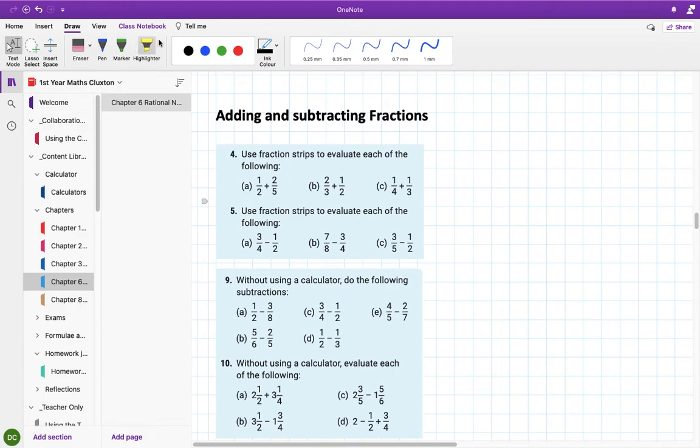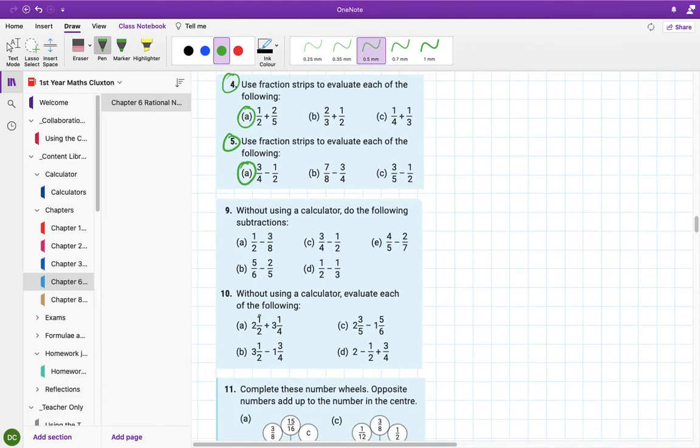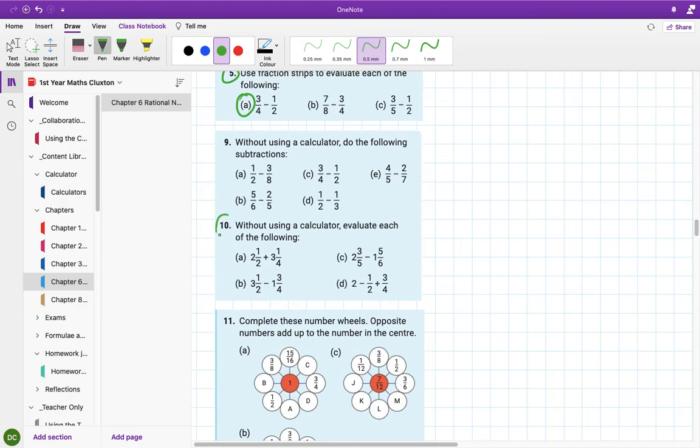Right, so let's pick a few. We'll do question 4A, question 5A. We will do question 10A and question 10D.